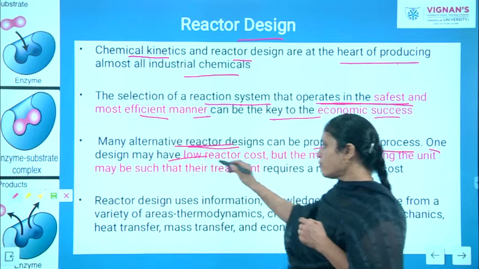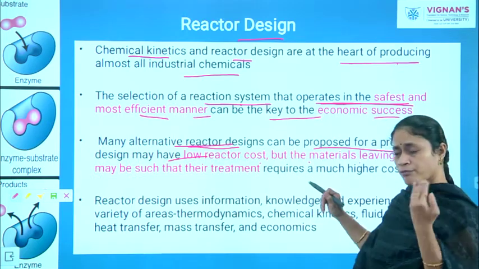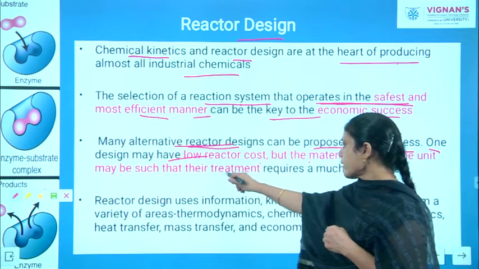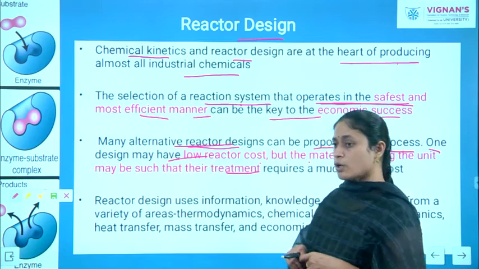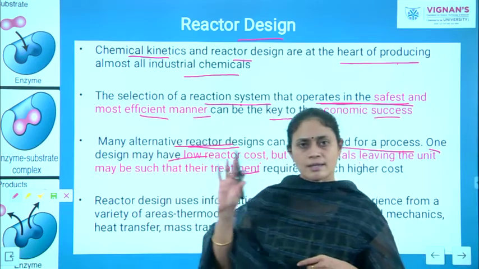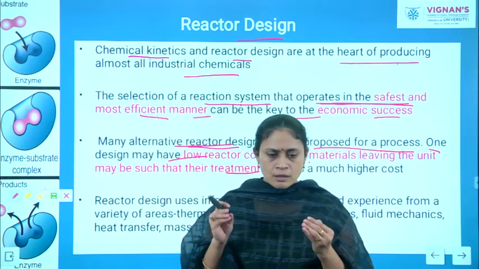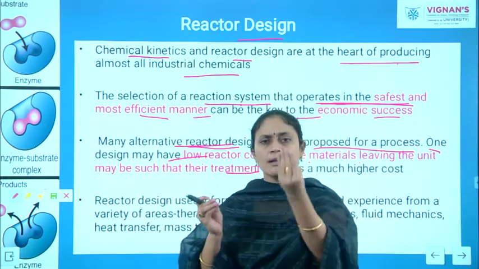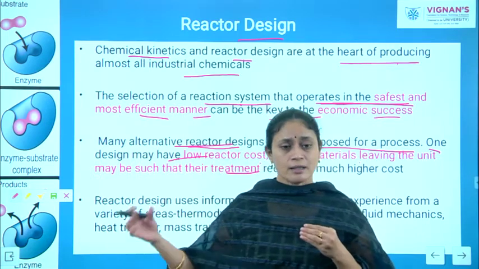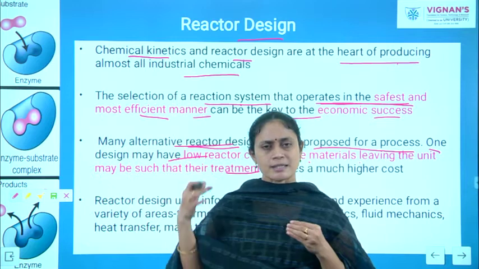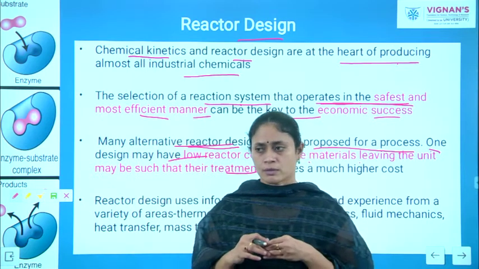One design may have low reactor cost, but it may have high treatment cost. So you have to check the cost which is related to the reactor design. Sometimes the designing of the reactor may be less costly, but the product that you are getting through the reaction taking place in your reactor may be in a contaminated form.